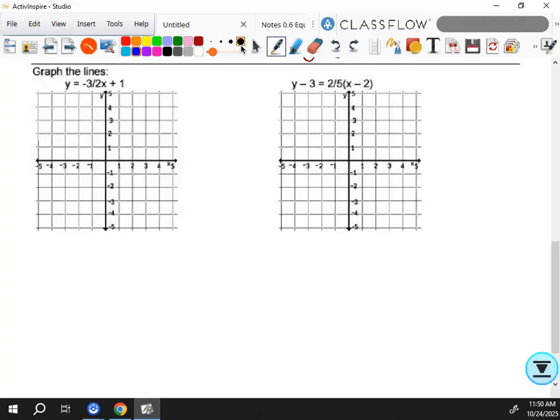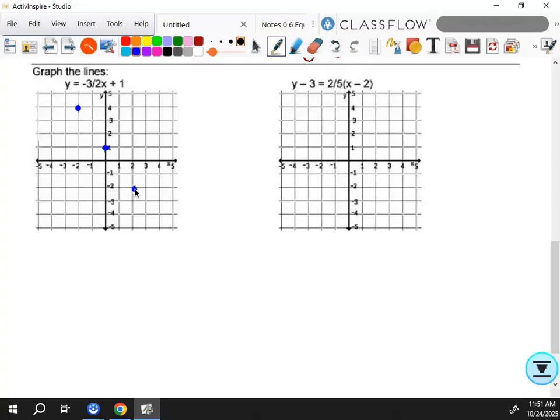What do we start with? The y-intercept. And that's at 1. Then I do my rise over run, right? And I think if it were me teaching algebra, teaching you this from scratch, if we're going to say rise over run, I think we should always rise. So I would go up 3 and then run to the left 2. Or I can go down 3 and go to the right 2. It doesn't matter.